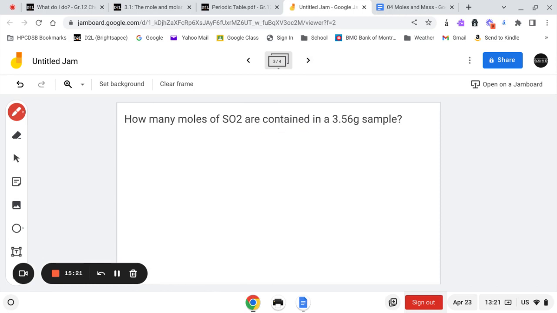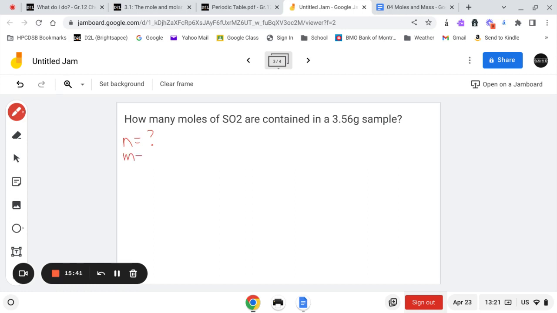So I'm going to go through the two examples with you together here. So here's an example where we have a compound, SO2, and it says how many moles of SO2 are contained in a 3.56 gram sample. So what do we know? We don't know our mole value. Okay, they're going to ask us to solve for that.